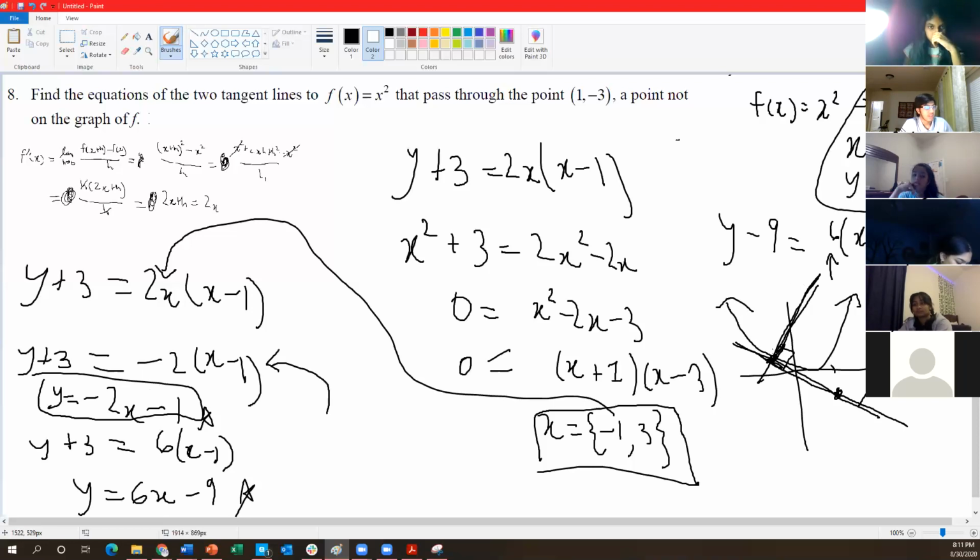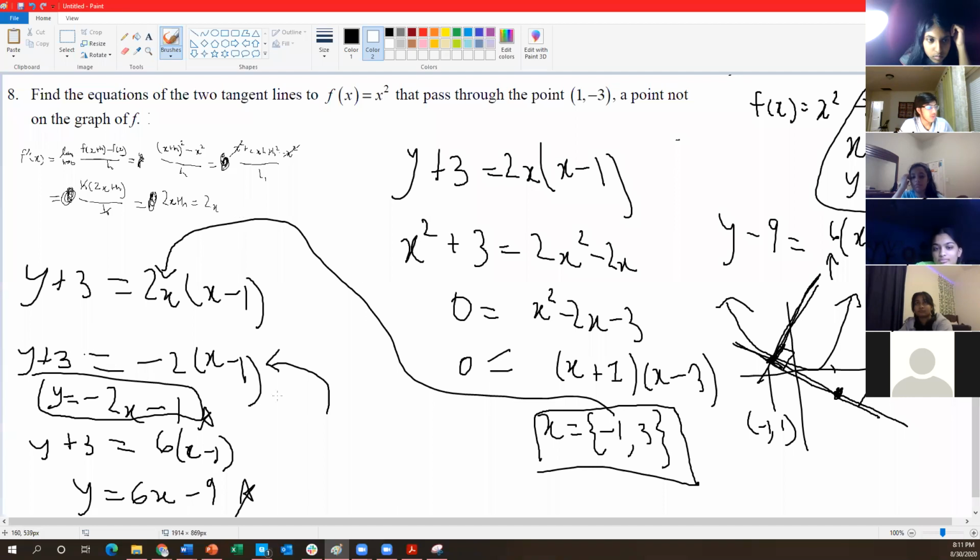You can't use 1 comma negative 3 anymore because that is not on the function. You need to use negative 1 comma positive 1, because that is on the function.